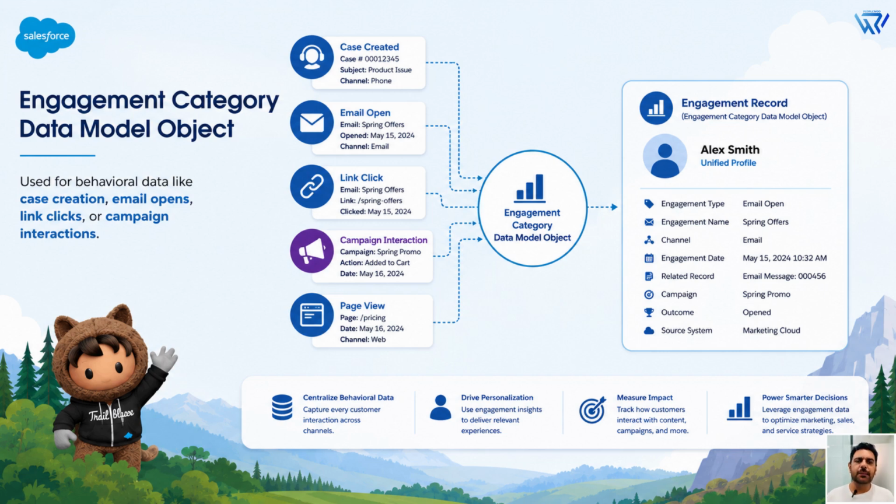They opened that email, clicked on that email, explored any link inside that email, unsubscribed from that email. So these are the engagement behaviors a lead or a contact can do. So that kind of data, which is non-profile but behavioral data, or the engagement data, can be mapped with data model objects, which are engagement categories.